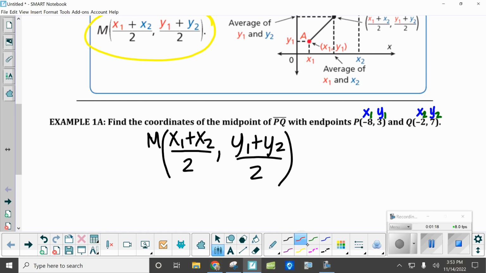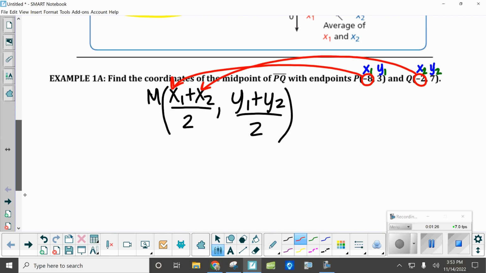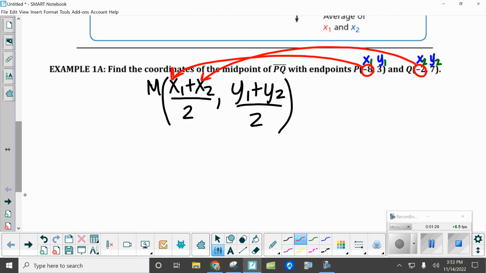So I'm going to take this and plug in for x1. I'm going to take this and plug in for x2. That's going to give me -8 plus -2 divided by 2. And then I'm going to take this one and plug in for y1.